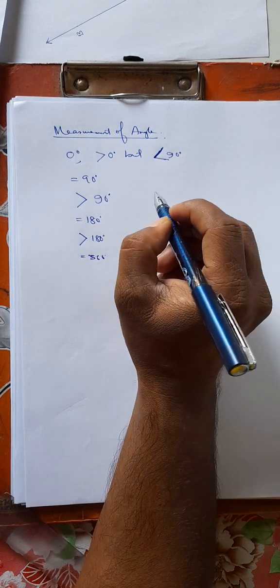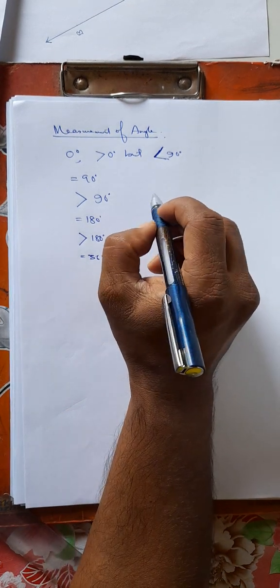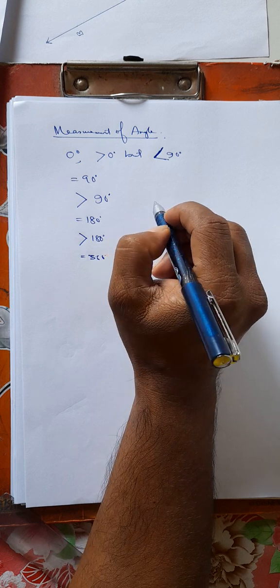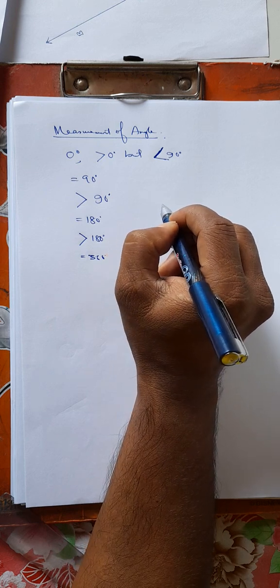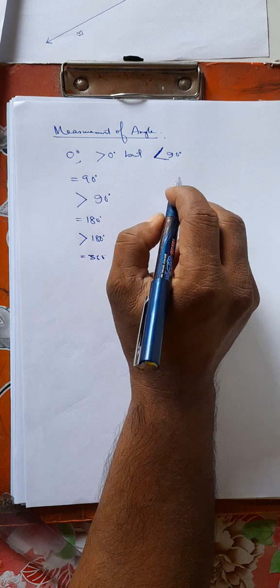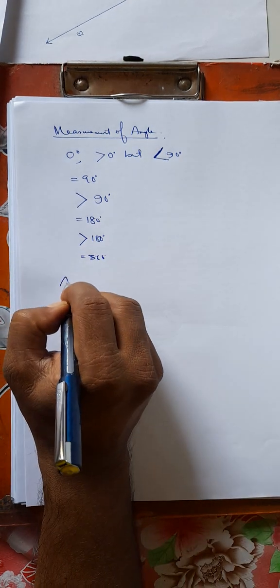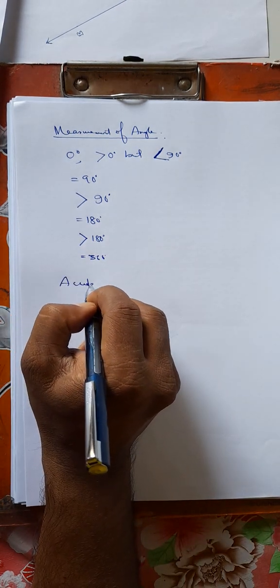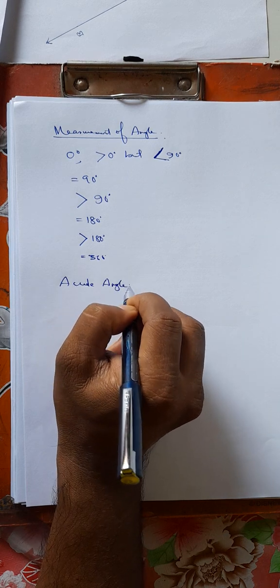So the angle which is greater than 0 degrees and less than 90 degrees is called an acute angle.